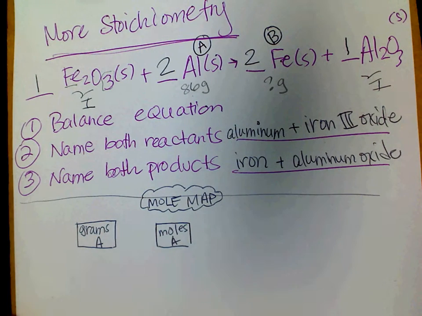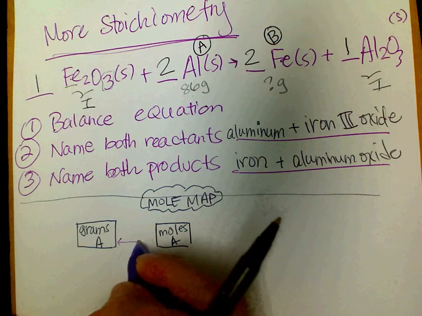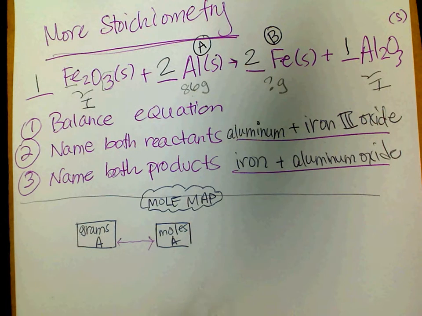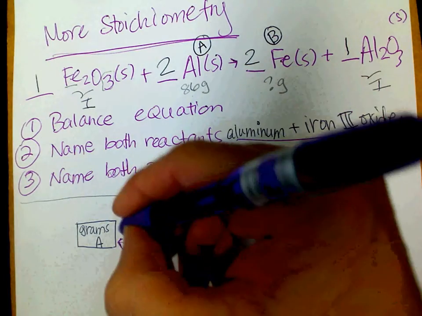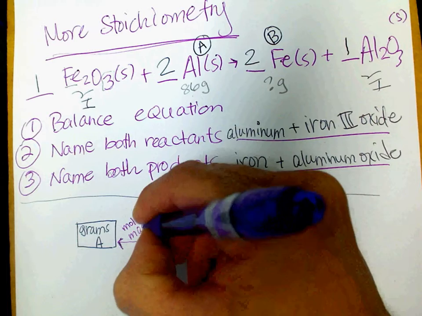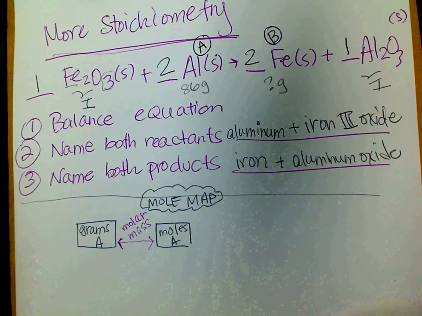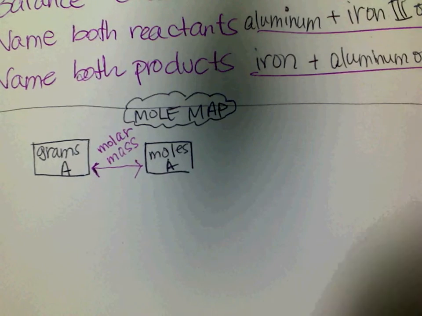Yes, and what is our GPS going to do right here? It's going to say, hey guys, you need to turn right in a half a mile ahead. Or if it's your chemistry GPS, it's going to say, plug in molar mass. I sure will. We're going to plug in molar mass.